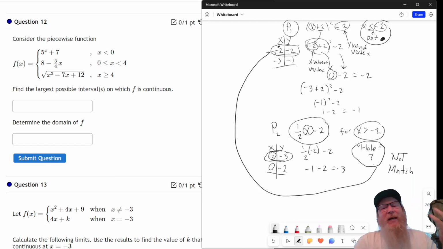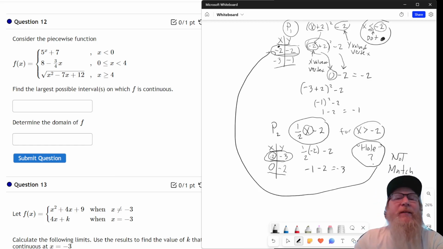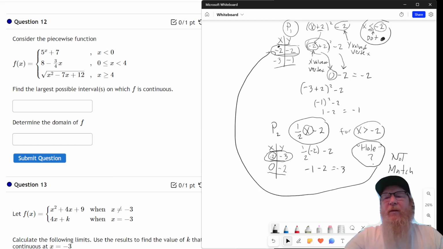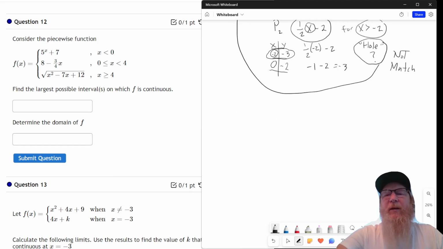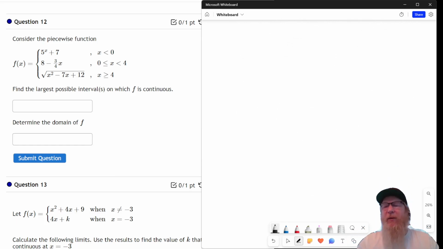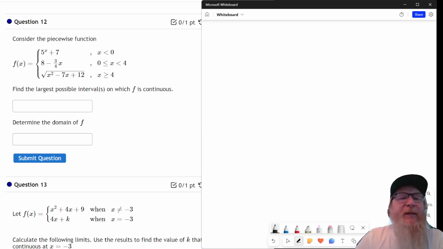I know I did 10 or 12 examples, but I don't think I did this particular one. So I'm going to talk a little bit about this, and I'm doing this on my computer. I don't have my whole studio with my whiteboard set up today.